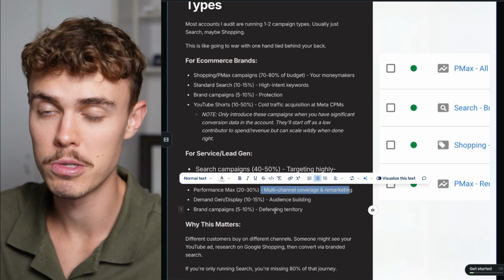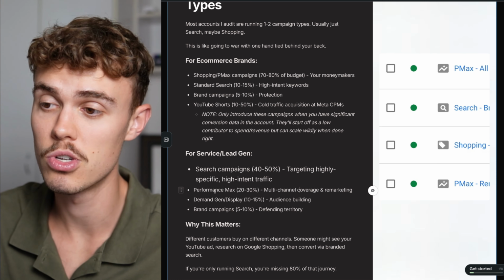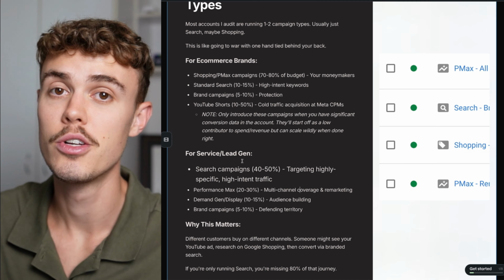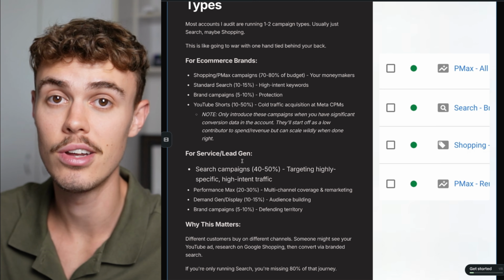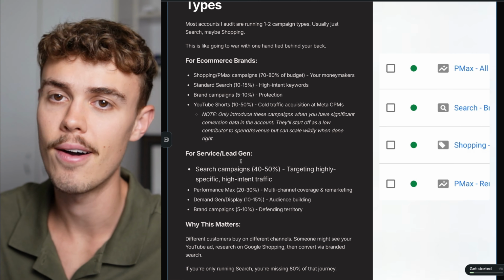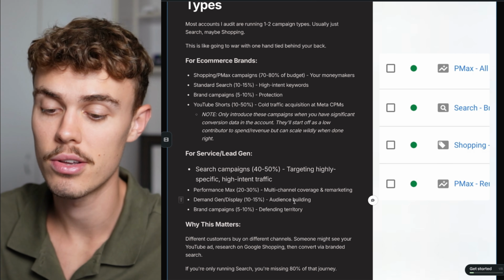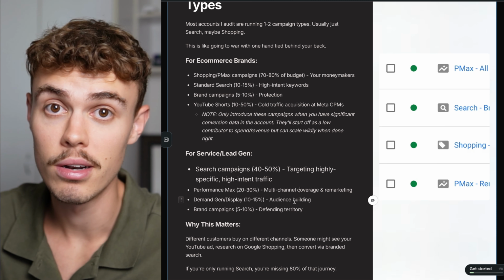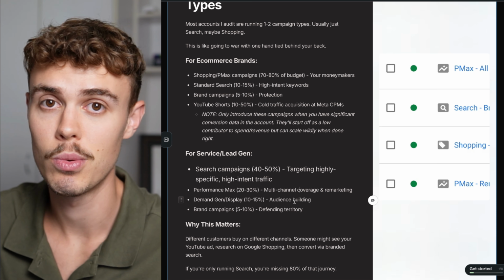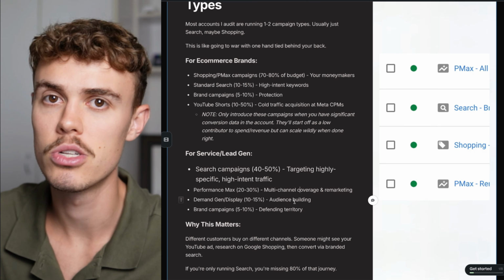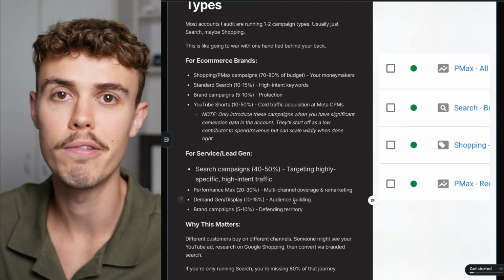As long as you've set up your Performance Max correctly, it can generate some really good results for service-based and lead gen businesses. Just make sure that you have your conversion tracking dialed in. You don't have any inaccurate conversion tracking events, anything lying to the algorithm. Because if you do have events that don't represent high quality conversions, like a big one in service-based businesses is they'll be tracking when someone reaches a contact page, which shows some level of intent, but it's nowhere near as high intent as someone who's submitted a form.